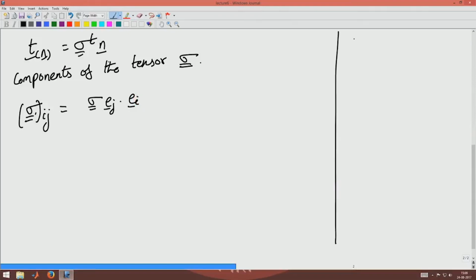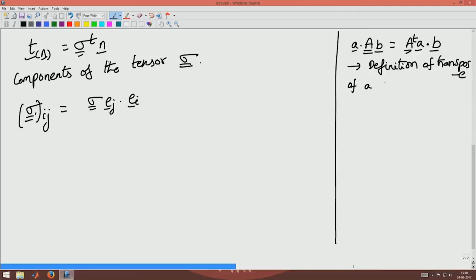Now, let us understand what the transpose means. This I have explained in lecture 3 also. If I have A a dotted with b, this is the same as a dotted with A transpose acting on b. This is the definition of the transpose of a second order tensor.